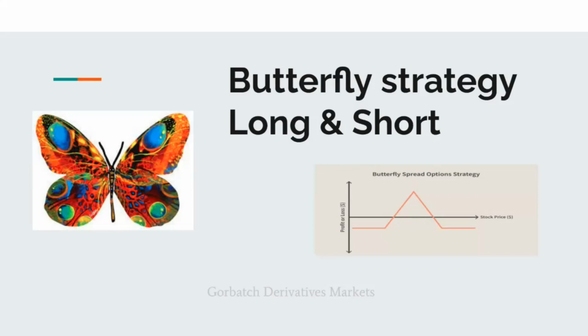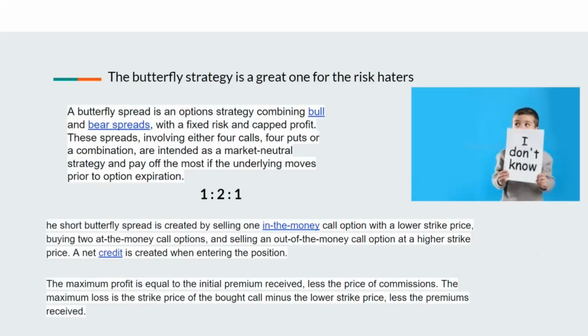Butterflies. All right, butterfly is a great one for the risk haters. If we're going on the short butterfly, our basic assumption of the market is that we don't know where the market is going to go.